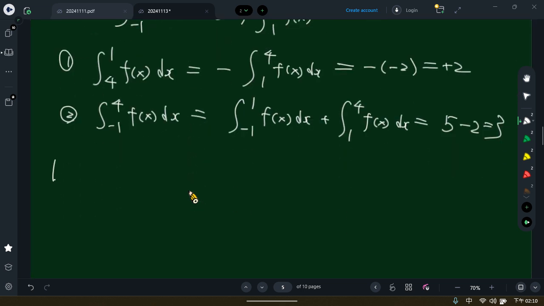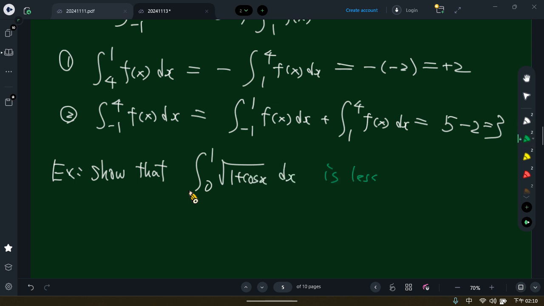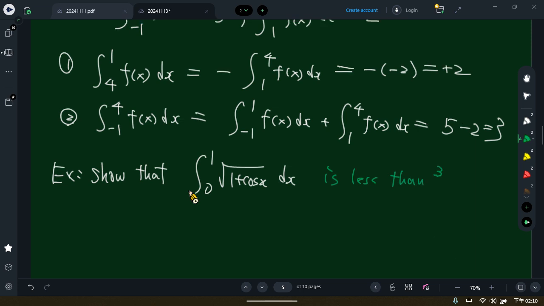And the last one I want to show you is, please show that the integral from 0 to 1 of the square root of 1 plus cosine x is less than 3/2.